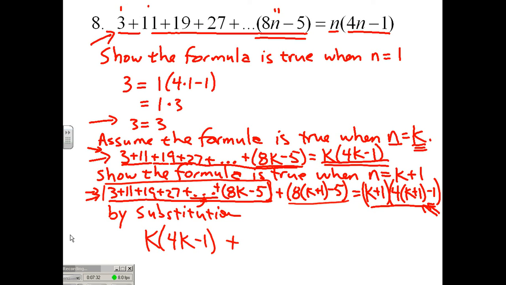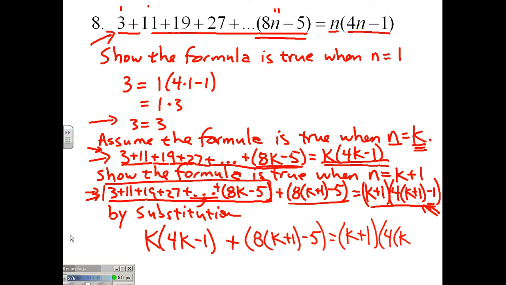But my center's still in the game, plus 8 times k plus 1 minus 5 needs to be equal to k plus 1 times 4 times k plus 1 minus 1. Phew. Okay, you may want to get that last equation jotted down or take a look. When we flip to the next slide, we're going to pick it up from there.